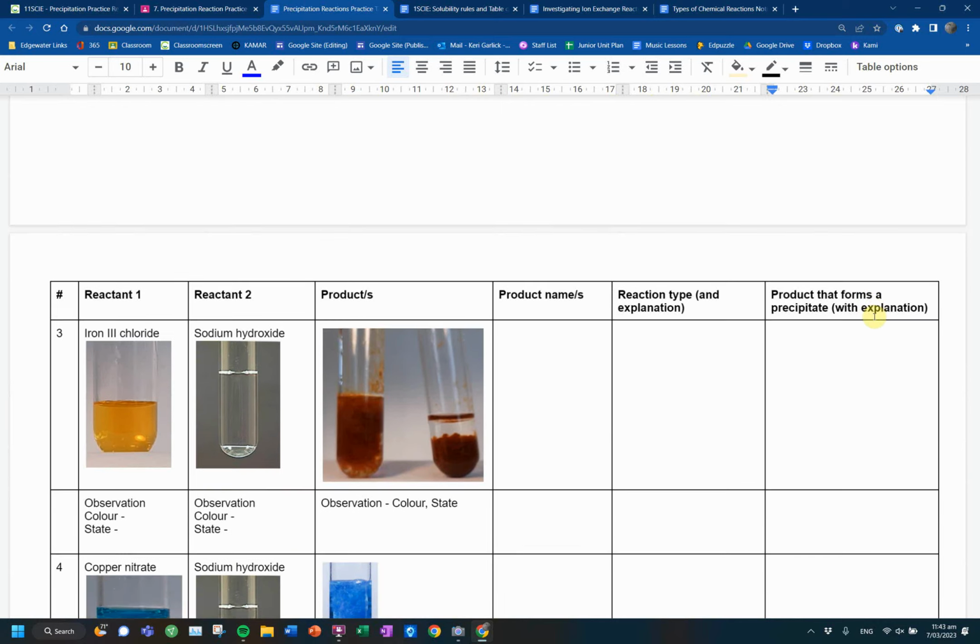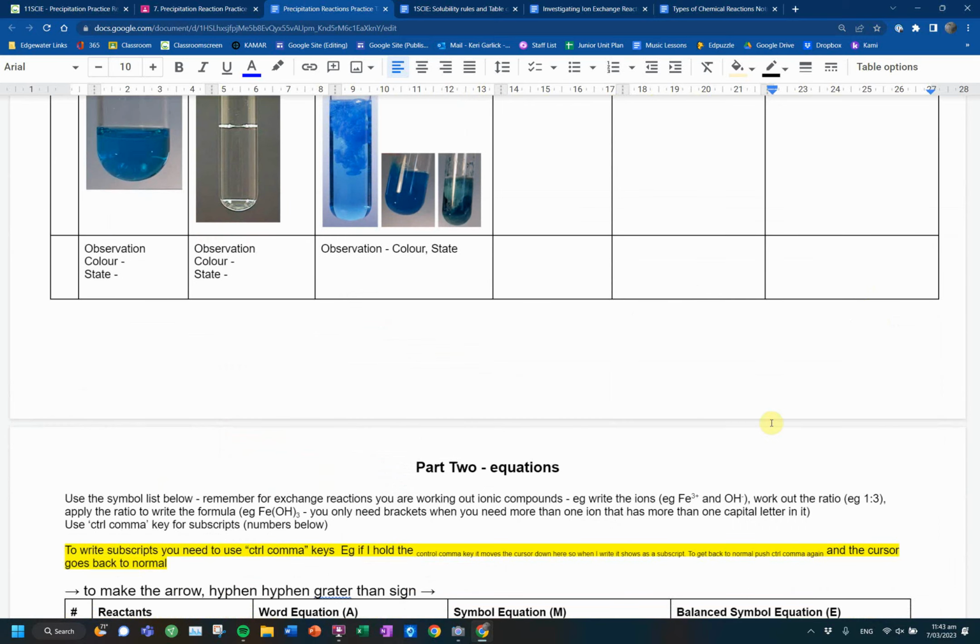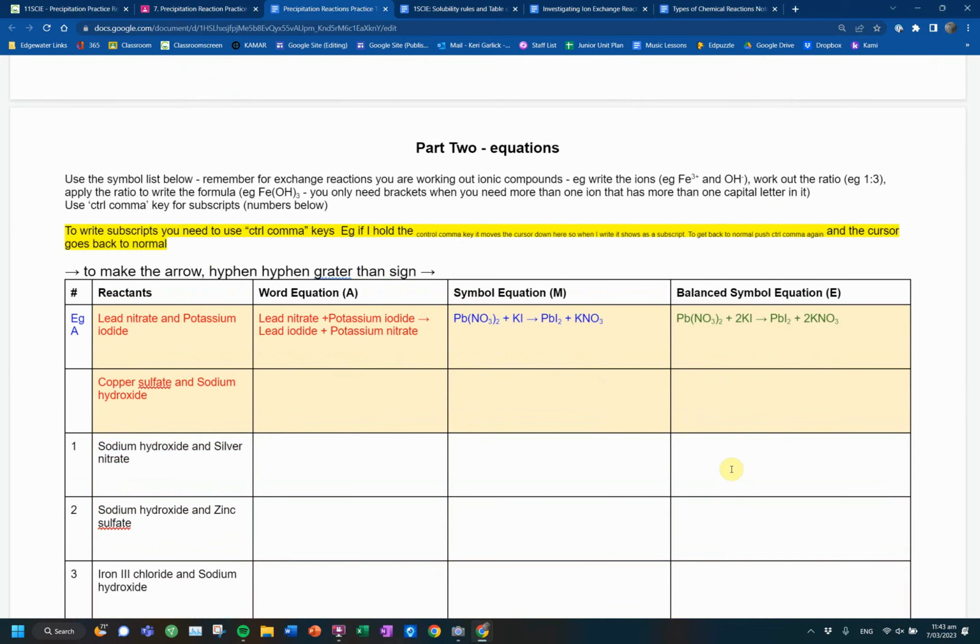Then, if you scroll to the bottom, the other thing you'll need to do in part 2 is equations. The word equation is required for the achieved. A symbolic equation that's unbalanced is required for the merit, and then the balanced symbolic equation is required for the excellence.